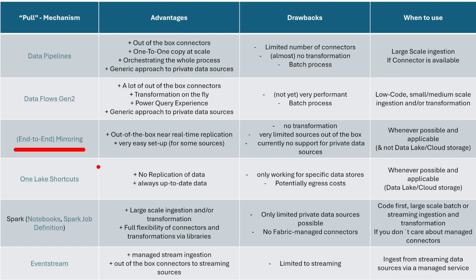But if you set up this connection, it will automatically run in the background all the time, and with a delay of, let's say, 1 to 5 minutes, the data from the original source will be replicated to your location in Microsoft Fabric. So you get a specific item there, a so-called mirror database, which has a SQL endpoint, analytics endpoint, and the tables can be shortcutted then within Fabric.